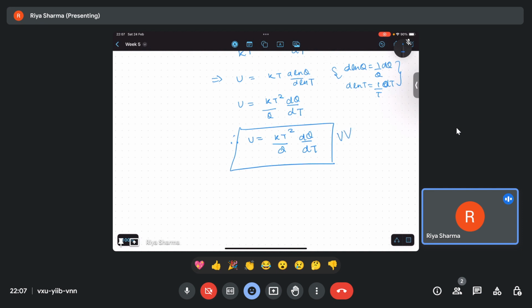A very, very important formula in statistical thermodynamics. Foundations of stat mech, or some other stat mech, most important formulas, one of the important formulas actually.